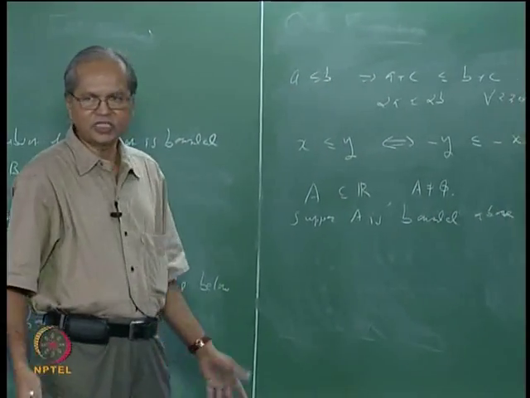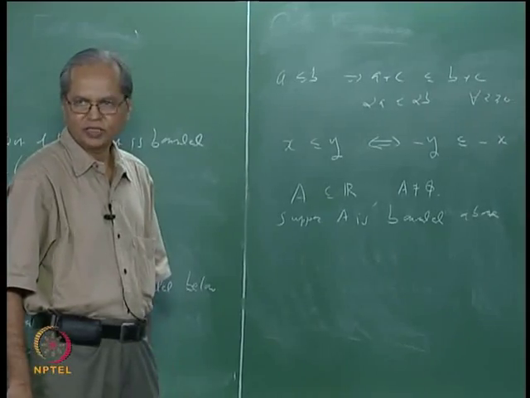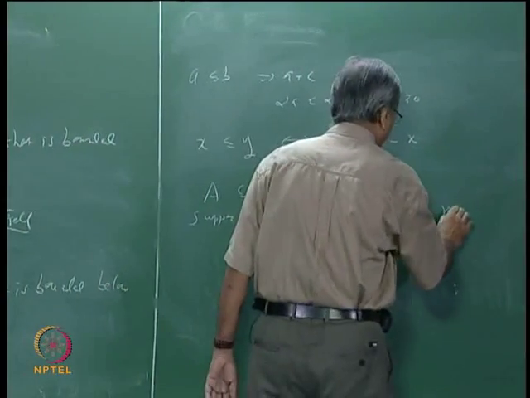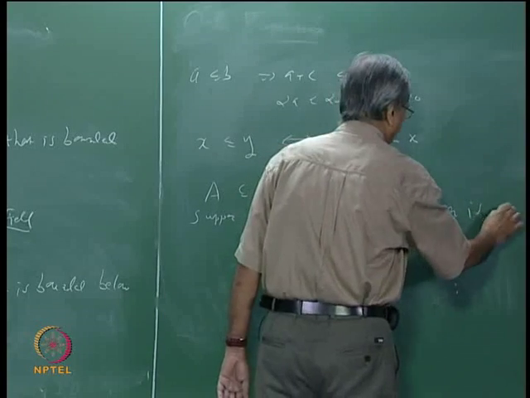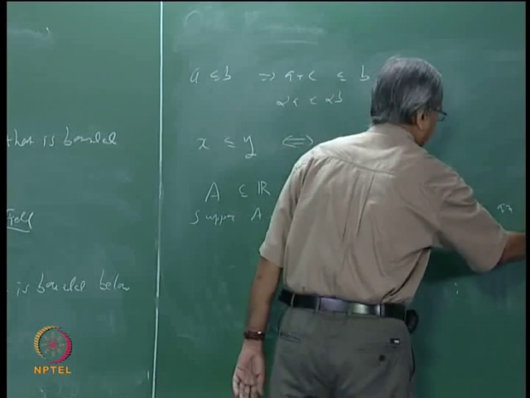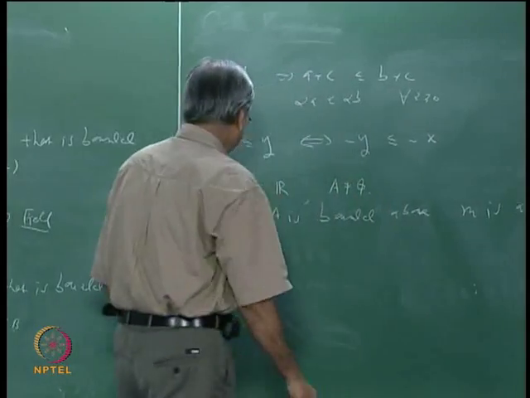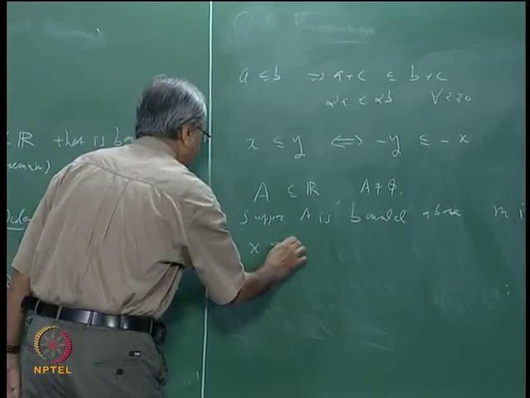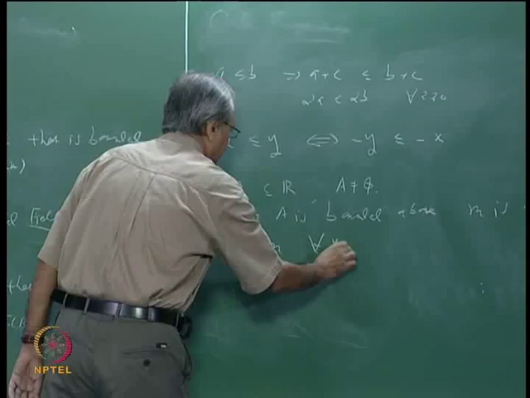What does it mean? That there exists some upper bound. Suppose M is an upper bound of A. Then this means that x is less than or equal to M for every x in A.